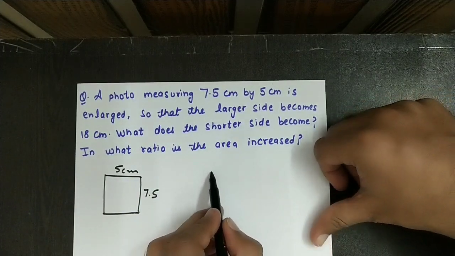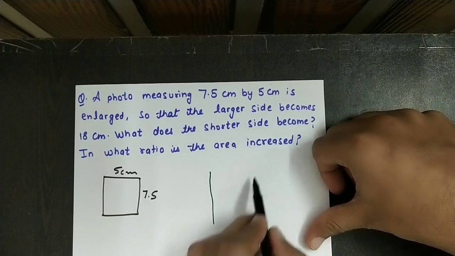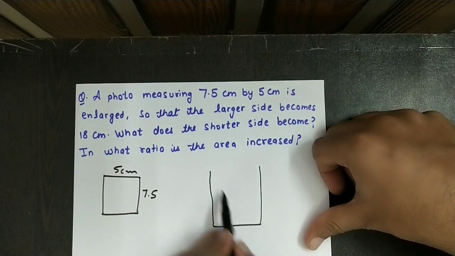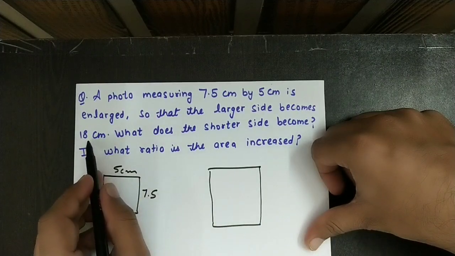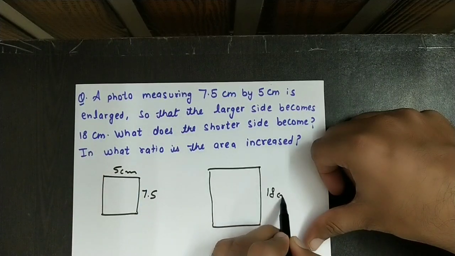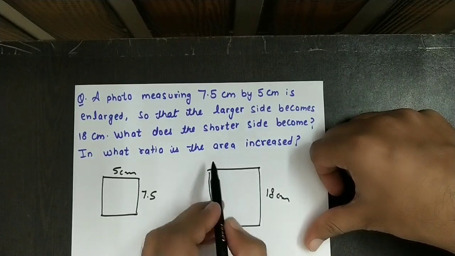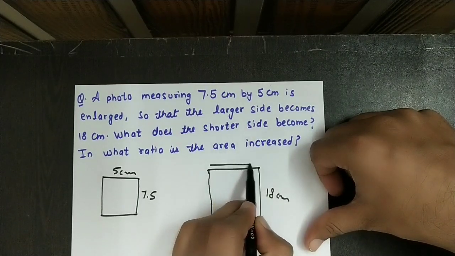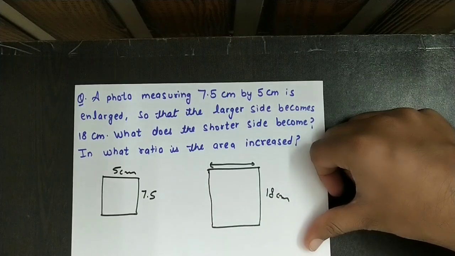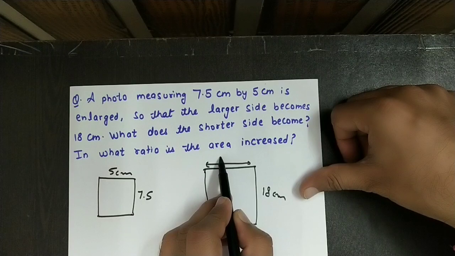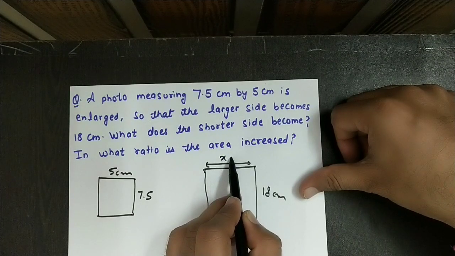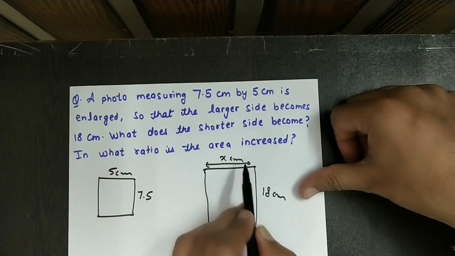Now after enlarging the frame, the larger side is 18 centimeter. We have to find the width. How much should this be? We can assume it as x centimeter.